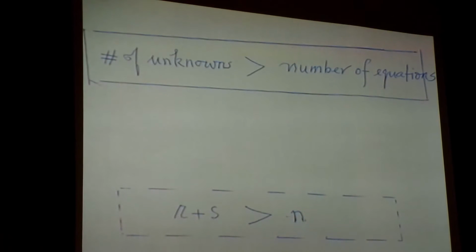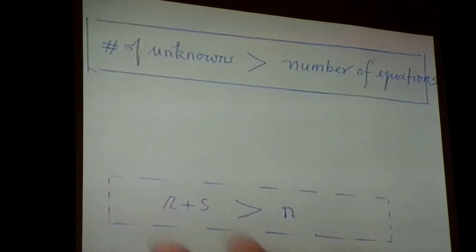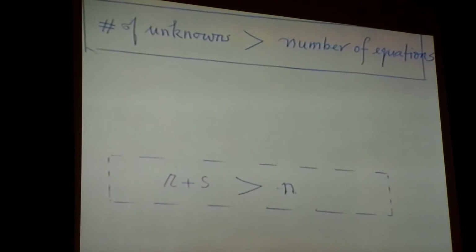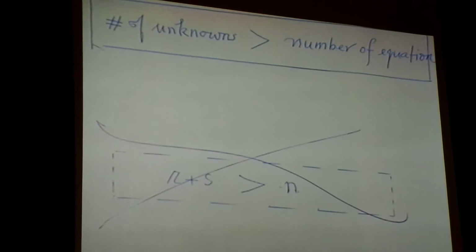So one attempted response is to just write down r plus s bigger than n. All right. Now this turns out to be wrong. If you give this response, then that is not the correct response. With this condition, there's no guarantee that my system of equations can have non-trivial solutions. This simply is not a valid guarantee.